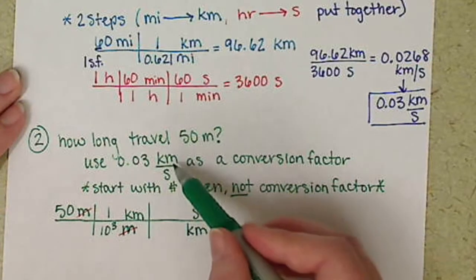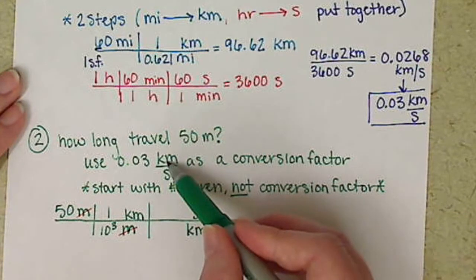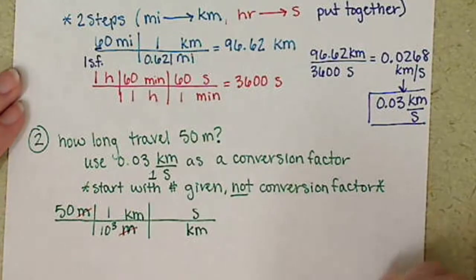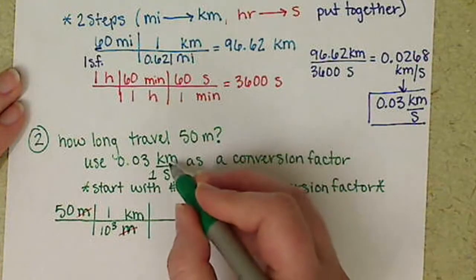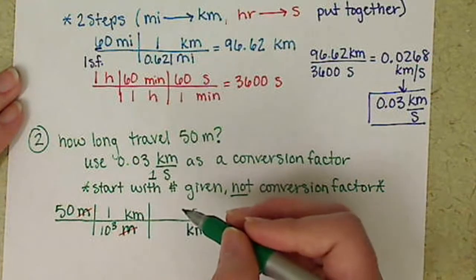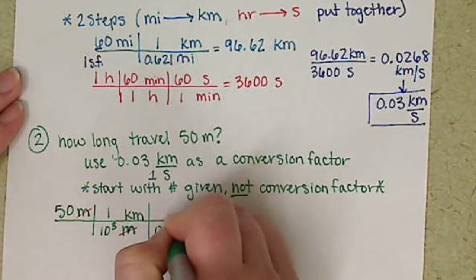Now remember when we said we had our 2 units here? Whatever this number is goes with the unit up top. The unit down below, remember, has that 1 associated with it. We know that this is 0.03 kilometers per 1 second. So the 0.03 goes with the kilometers.